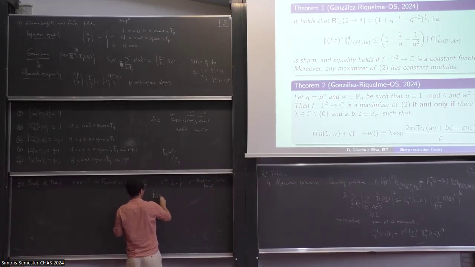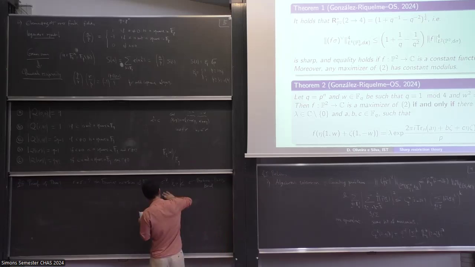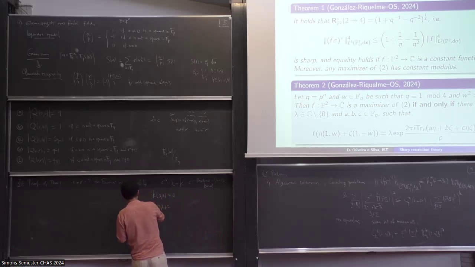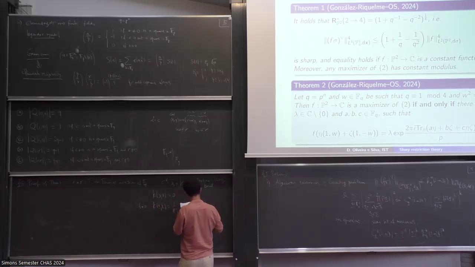So it depends on two variables, x and t. X is a vector, t is a scalar. And if t is 0, this is 0. If t is not 0, this is 1 over the size of P, the number of points in the parabola, times the sum of e to the x dot c plus t c squared.